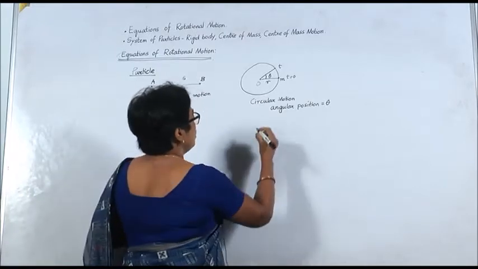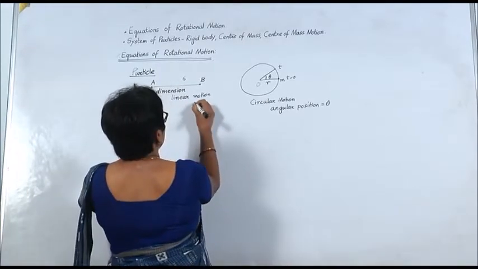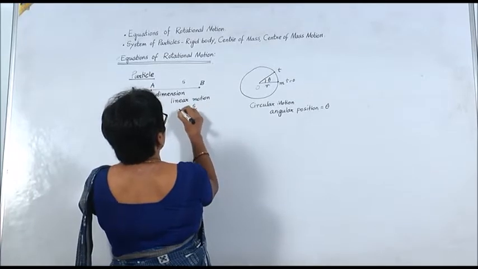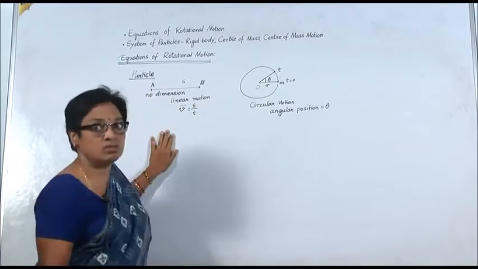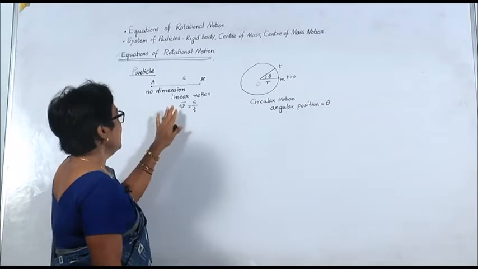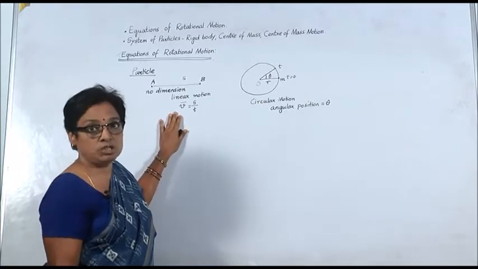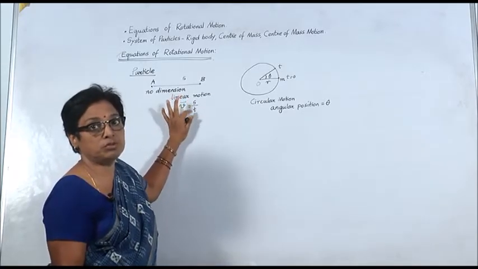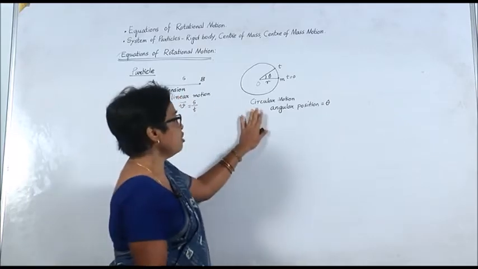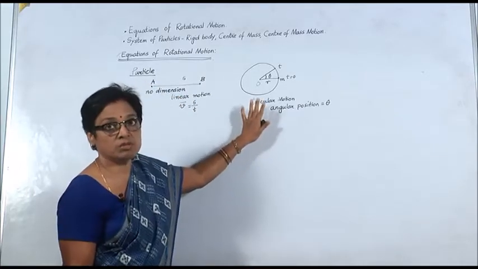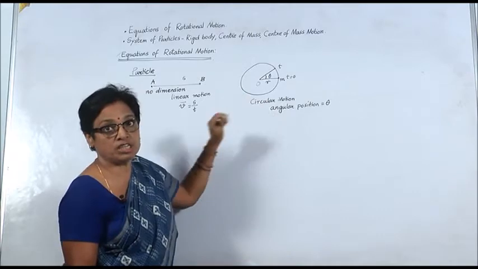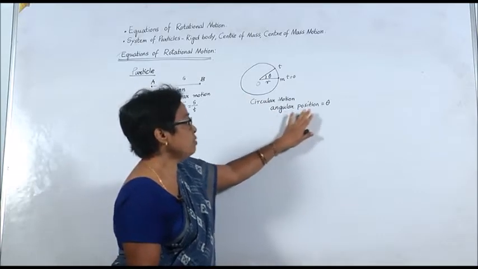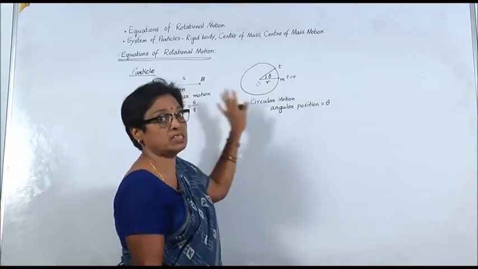And we define, as in linear motion, average speed is distance covered per unit time, S by T. In case of circular motion, or we can say the rotational motion, the angular position is theta, instead of S it is theta.